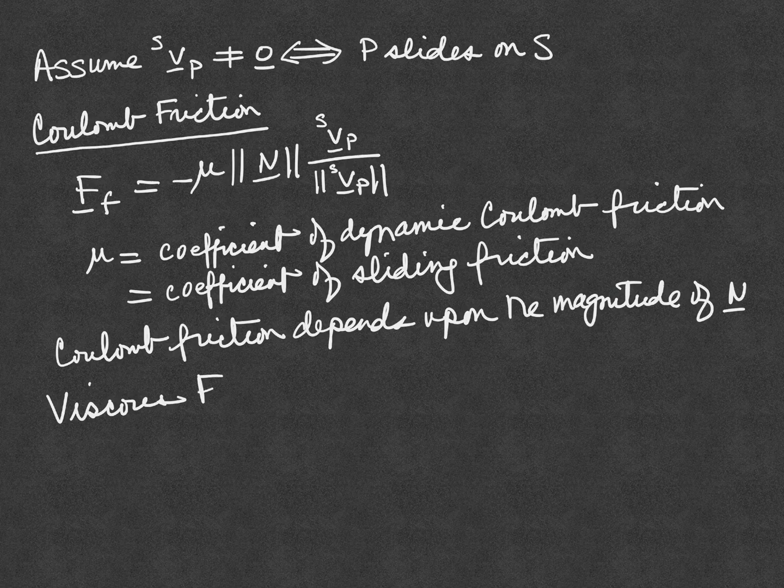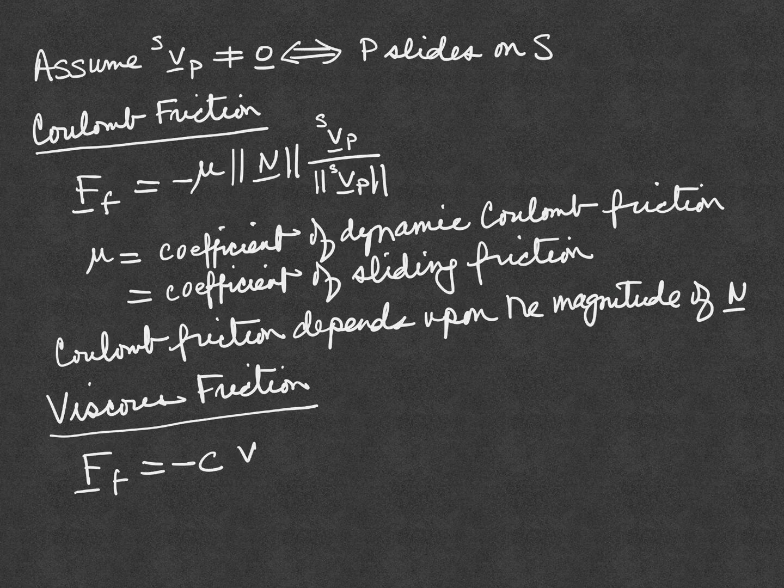Now, viscous friction has a very different model from Coulomb friction, which is that viscous friction has the model that F sub F is equal to minus C times the velocity of P relative to S. It's actually linear in this velocity of P relative to S. And C is what's called the coefficient of viscous friction.